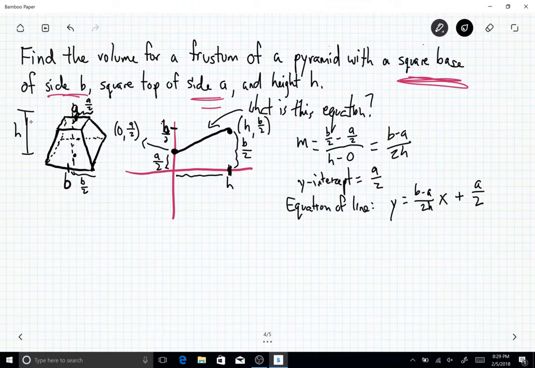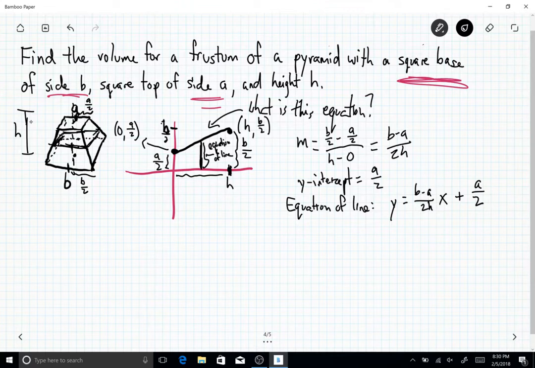So what happens with this? Well, when you think about it, what do we need to do? Well, we have some random point here. We know what this distance is. This is just the equation of the line that we're going to plug in. But what happens is we're going to take a slice. If you take a slice at any point in this frustum, you get a square.